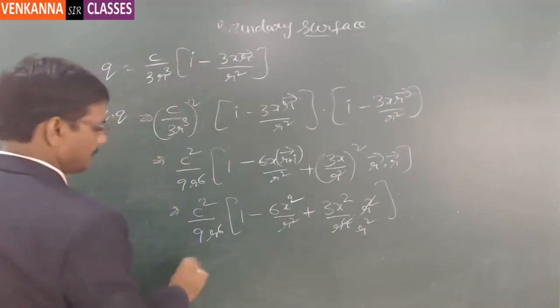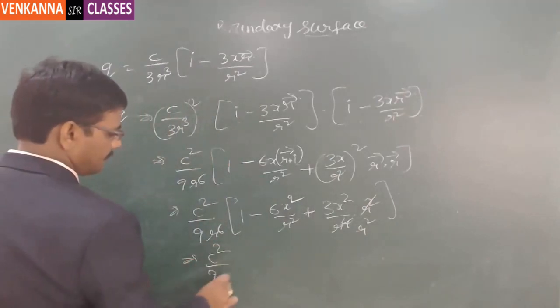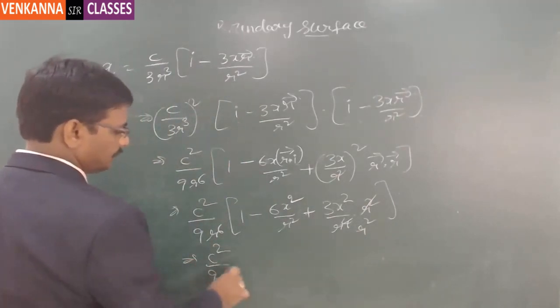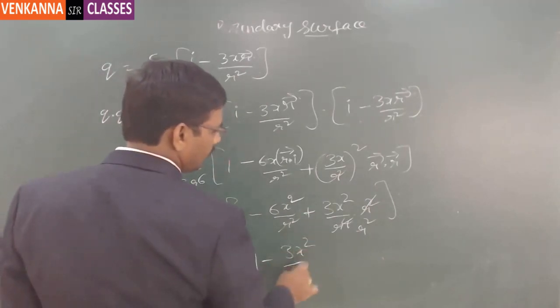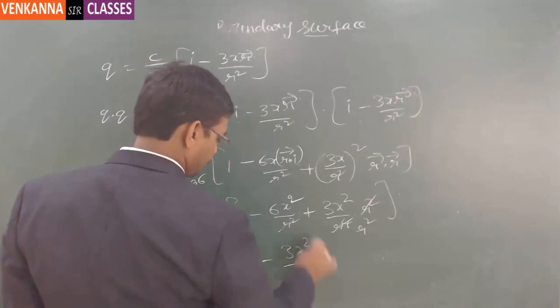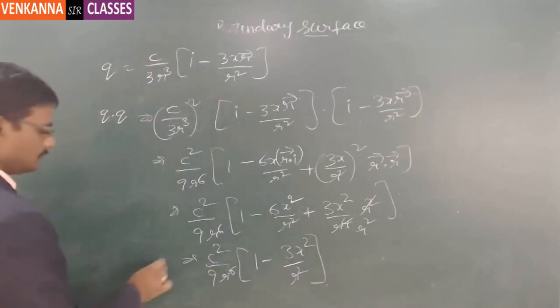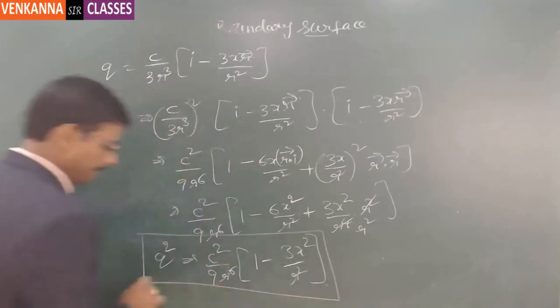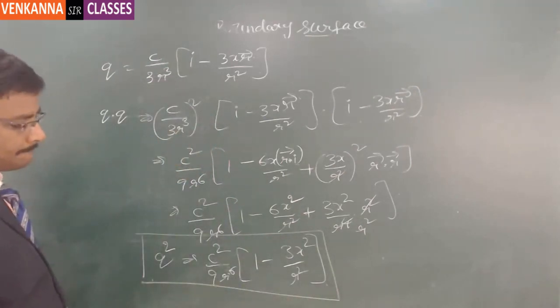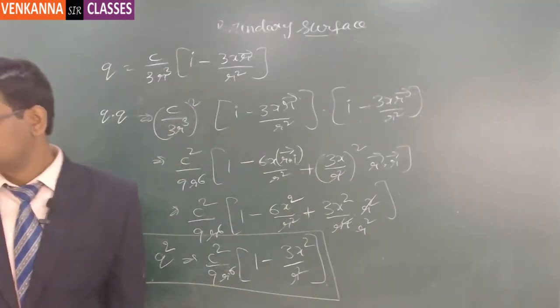Then this will be c square by 9r power 6 into 1 minus 3x square by r square. So this is the q square value. Got it?